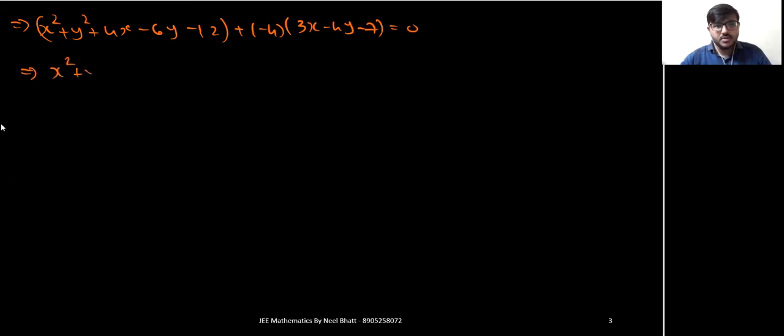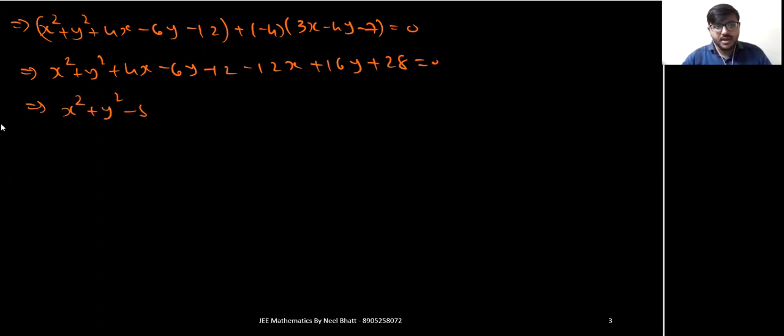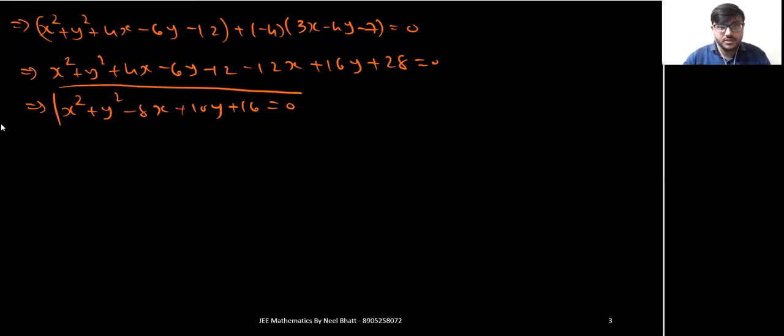So we'll get x square plus y square plus 4x minus 6y minus 12, then minus 12x plus 16y plus 28 equals to 0. So x square plus y square minus 8x plus 10y plus 16 equals to 0. This is the equation of the circle which we want to find out, which is S2. Sorry, this is S1 we have.